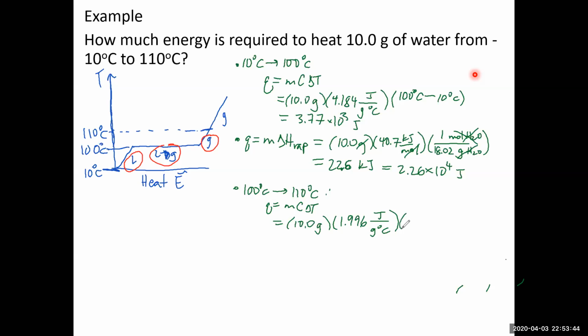And our temperature change is our final temperature, which will be the 110 degrees Celsius, minus the initial temperature during this part of our graph, which is 100 degrees Celsius.